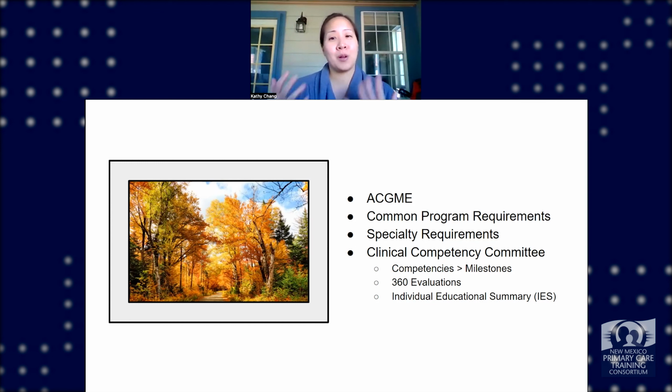For each program, there's also a clinical competency committee where we look at different competencies that future doctors, future family docs should have. These are split out into milestones, similar to how we think about developmental stages. And then there's the concept of 360 evaluations, as well as individual education summaries or individual learning plans.